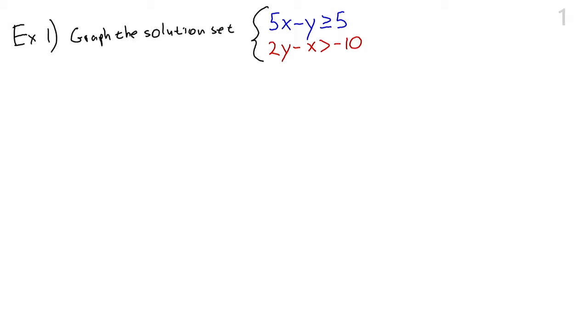We're going to look at the first inequality, 5x minus y greater or equal to 5. Just like when we did linear inequalities in two variables, we're going to look for the corresponding line.